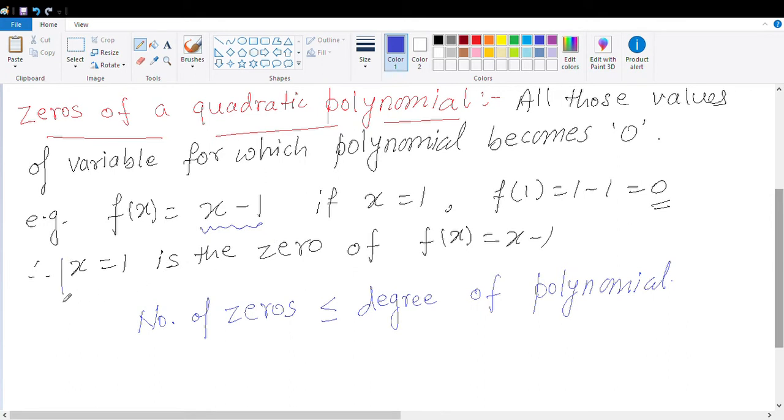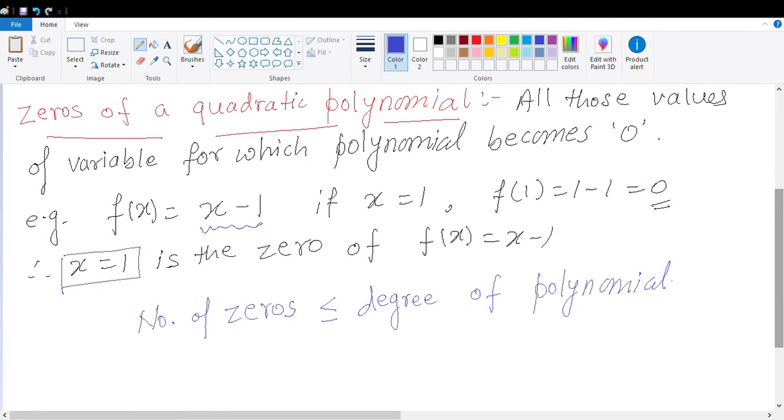So how many values of x are we getting? We are getting only one value of x. So the number of zeros is equal to the degree of the polynomial. Sometimes in the case of a quadratic or higher powers, if you have repeated zeros, then the number of zeros will be less than the degree of the polynomial. But it cannot be more than the degree of the polynomial in any case.